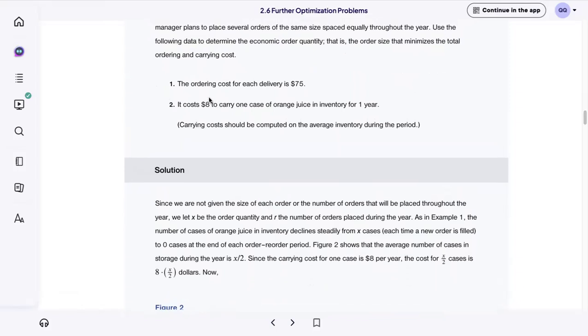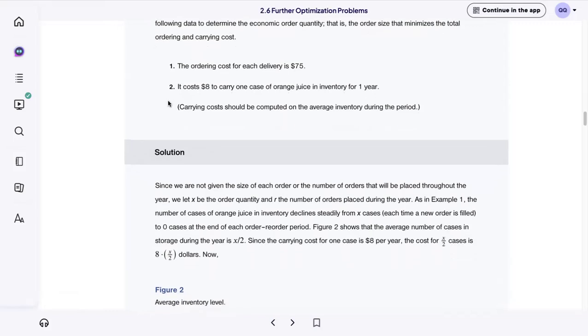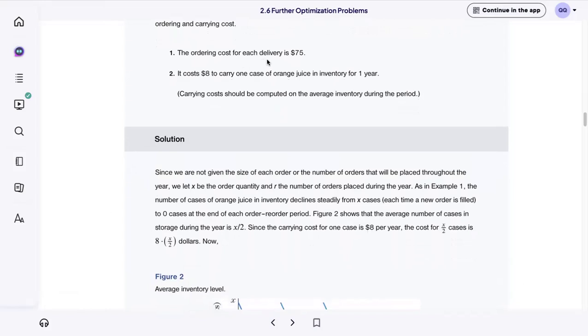So we want to use the given data in 1 and 2 to determine the economic order quantity. We want to see how many he should order, the order size that minimizes the total ordering and carrying cost. The first is the ordering cost for each delivery, which is $75, a rate of change of 75 per delivery. Second, it costs $8 to carry 1 case of orange juice.